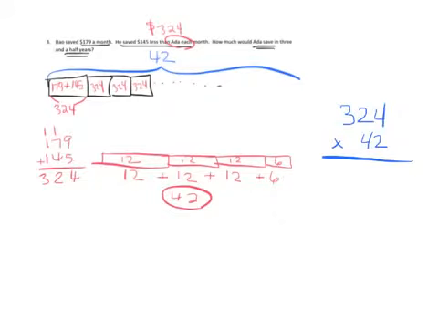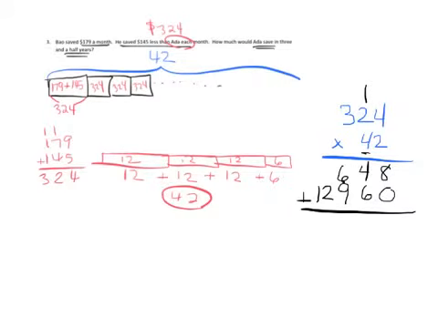So using that standard algorithm, 2 times 4 is 8, 2 times 2 is 4, 2 times 3 is 6. Now we're going to multiply by the 4, but that's really a 40, so we know it's going to end in a 0. So 4 times 4 is 16, carry the 1. 4 times 2 is 8, plus 1 is 9. And then 4 times 3 is 12.